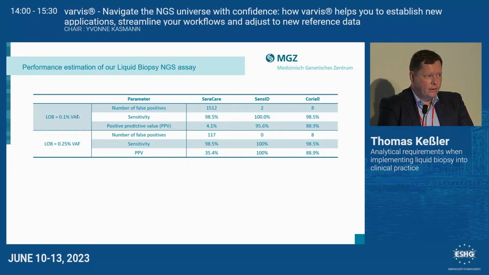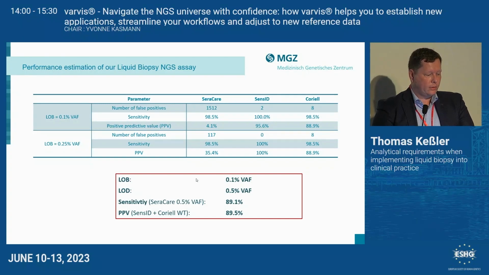If you set the limit of blank at 0.1% variant allele frequency, you would have almost 100% sensitivity and a high predictive value if you use the two materials with low noise levels, but it would be completely useless if you used the material with the high noise background. And the same is true for slightly higher variant allele frequencies.